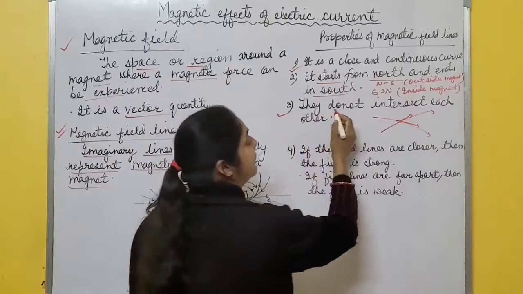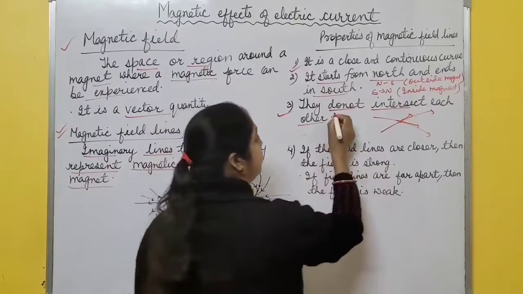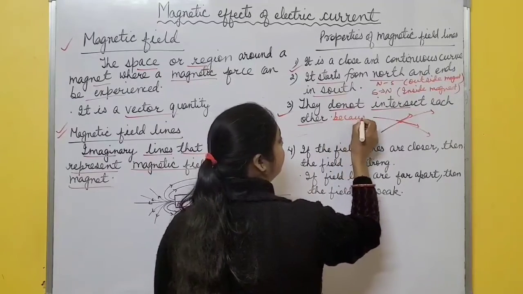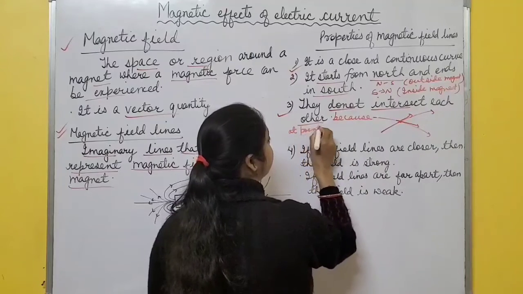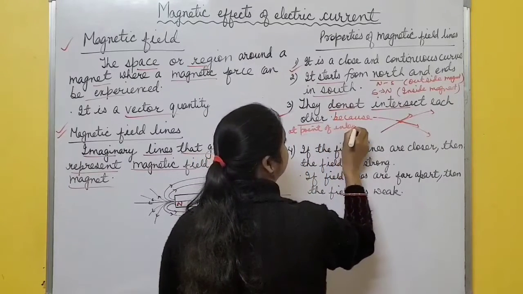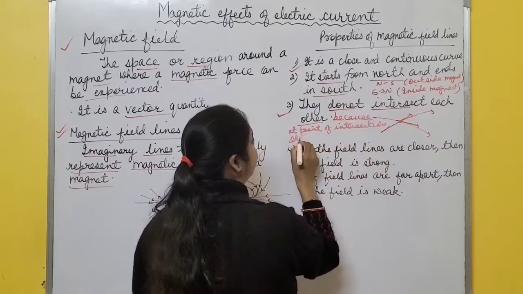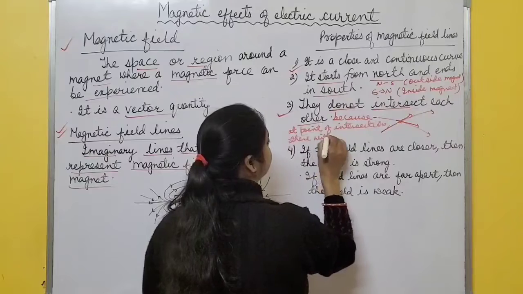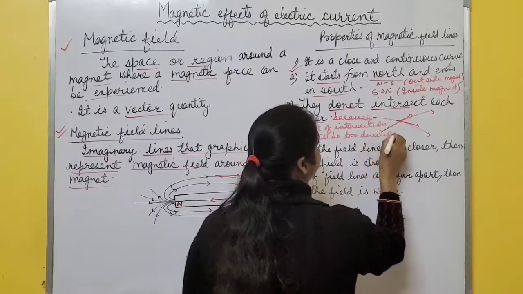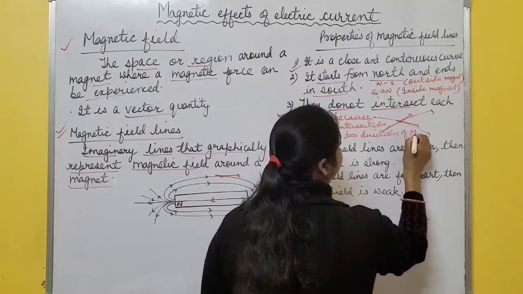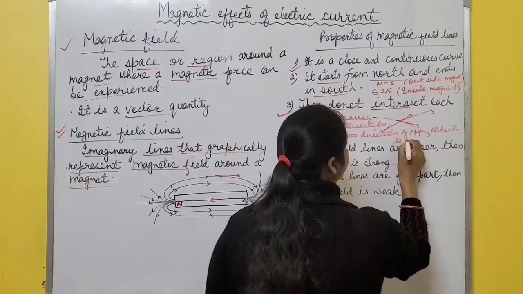So, magnetic field lines do not intersect each other because, you can write the reason, at the point of intersection there will be two directions of magnetic field, which is not possible.